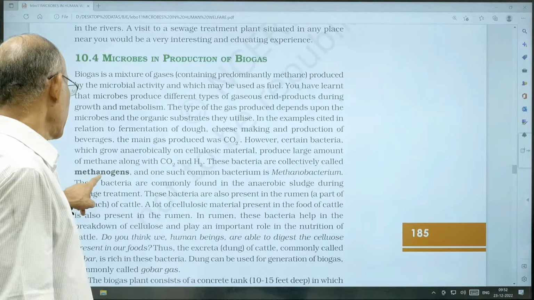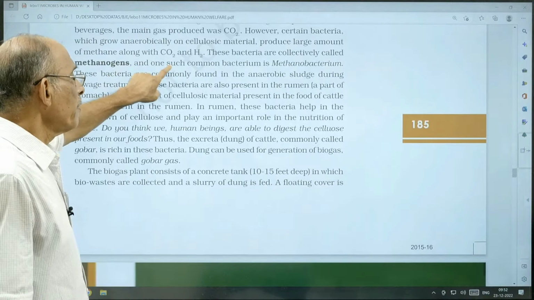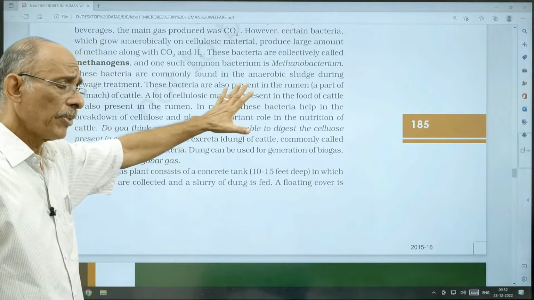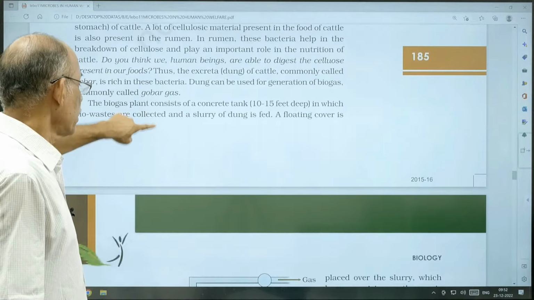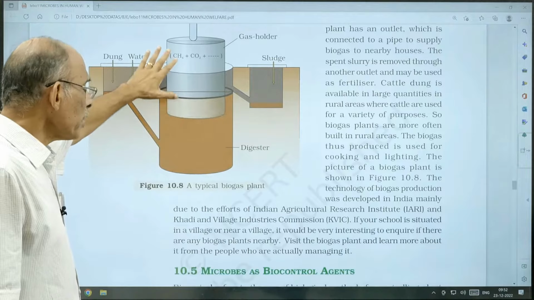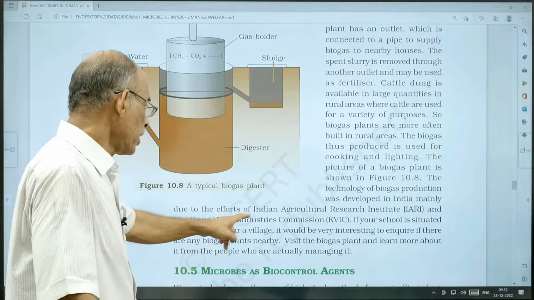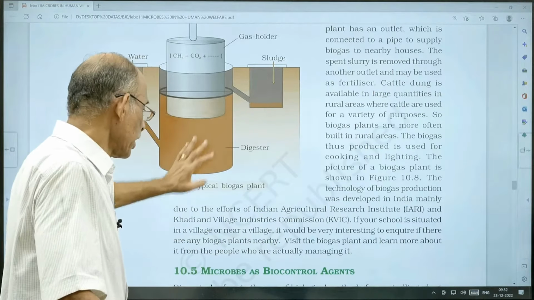Such bacteria are called methanogens, and a typical example is Methanobacterium. This Methanobacterium is very commonly present in the rumen of cattle, and in their dung. And what is called the biogas plant was developed by the Indian Agricultural Research Institute, IARI, and the Khadi and Village Industries Commission, etc.